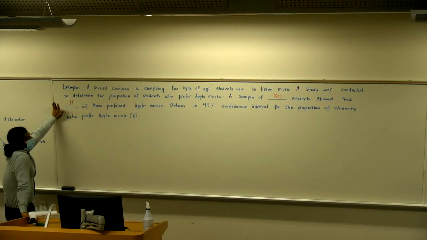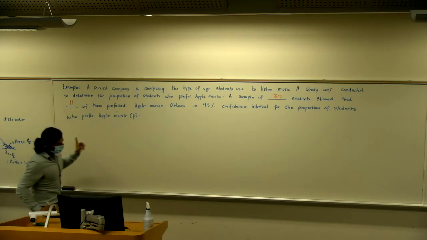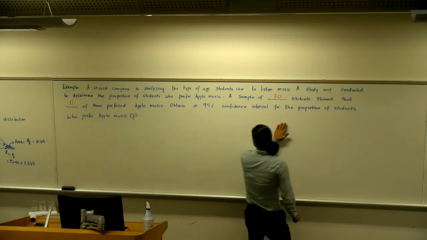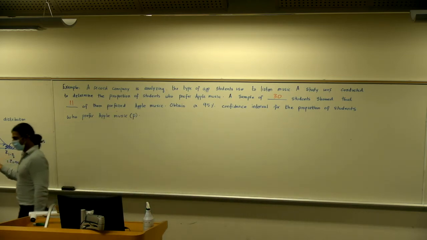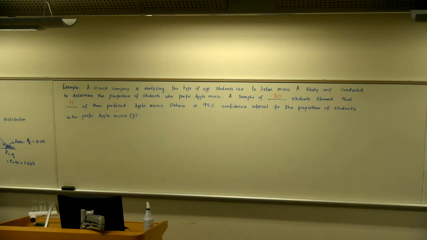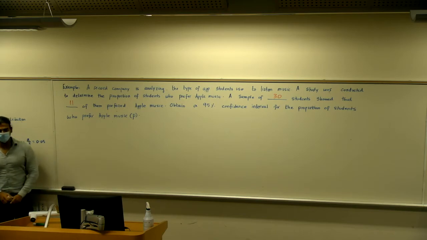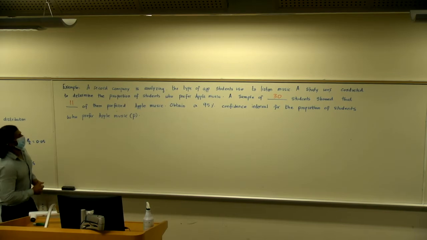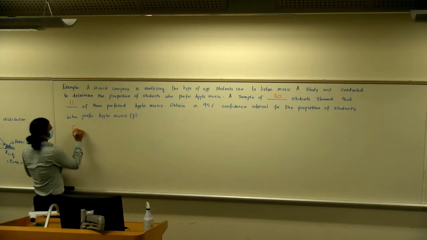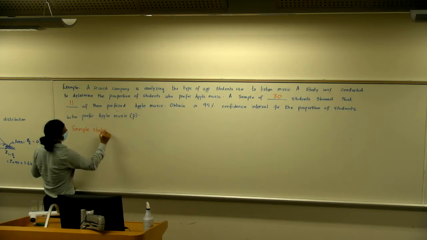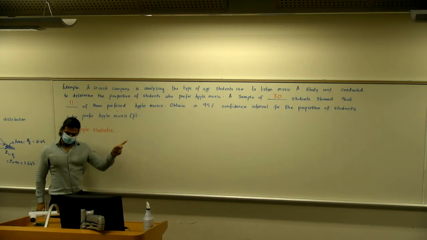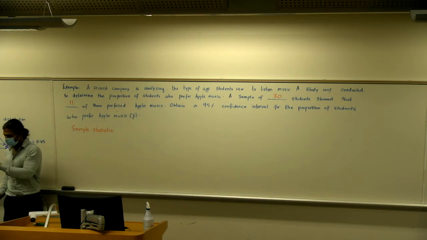So what is the proportion here? The proportion of interest is the proportion of students who prefer Apple Music. And that is why I referred to it as the letter P. So we collected the sample already, so the first step is done. The second step is to find the sample statistic corresponding to P, which would be P hat.